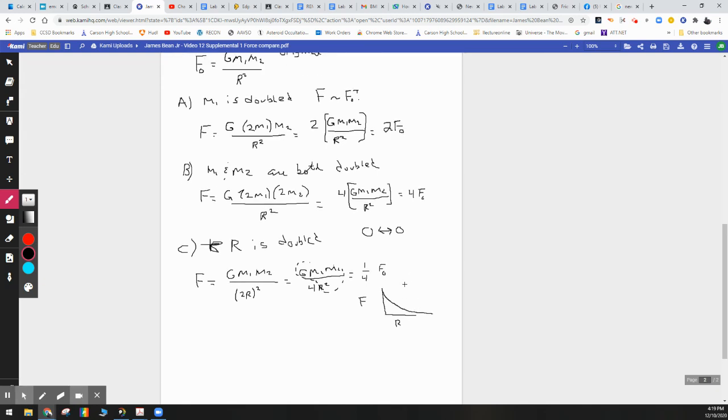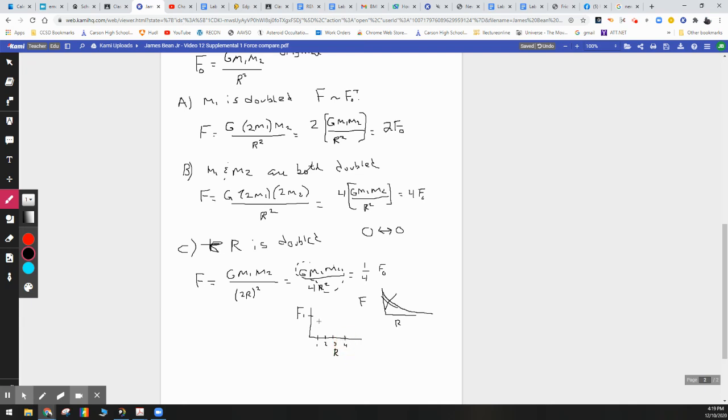Actually, this graph kind of sucks, so let's get rid of it. Let's do a quick sketch of the inverse square graph. Here's r. Let's say this is 1, we'll make this 2, this is 3, and this will be 4.